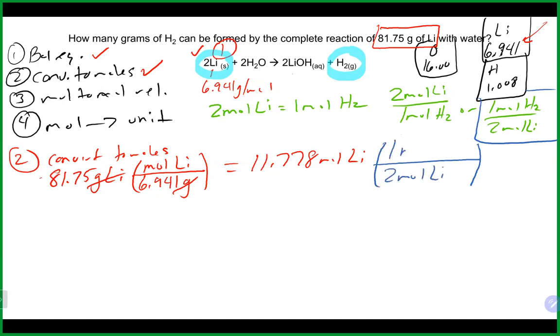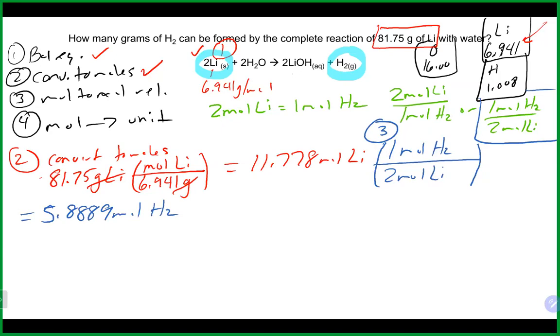Gives us 1 mole of hydrogen from the balance equation. And this is step number 3. And again, that is just the coefficients that are there. I'll put the equals back this way. We were going to basically divide it by 2 in this case, and that will give us 5.8889 moles of H2. Any questions up to there?